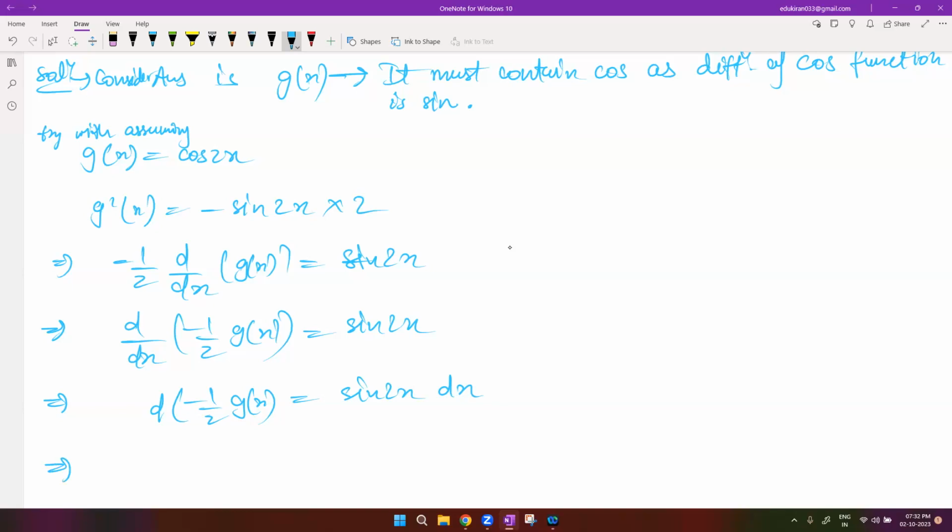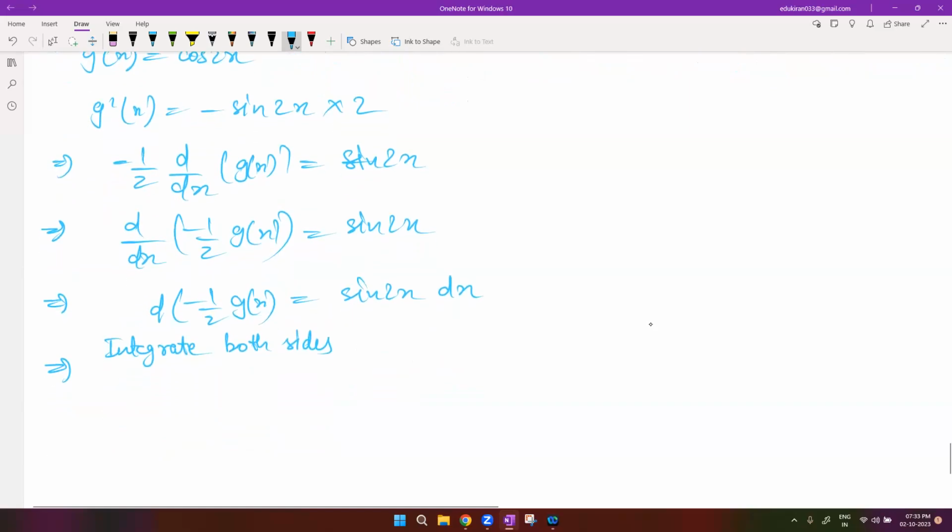Now, if you integrate both sides, you write integration of d minus half gx, and here you get integration of sine 2x dx. This was the thing that we wanted to find out.